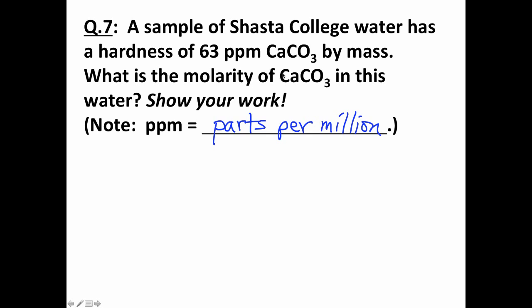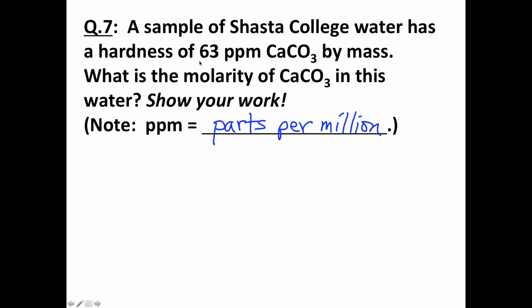And how we work this through, kind of like with previous problems, we need to know what the units mean. So mass percent, we need to know what that means. Molarity, we need to know what it means. Parts per million, we need to know what it means. But when you think about it, this is pretty clear. It's parts per million.